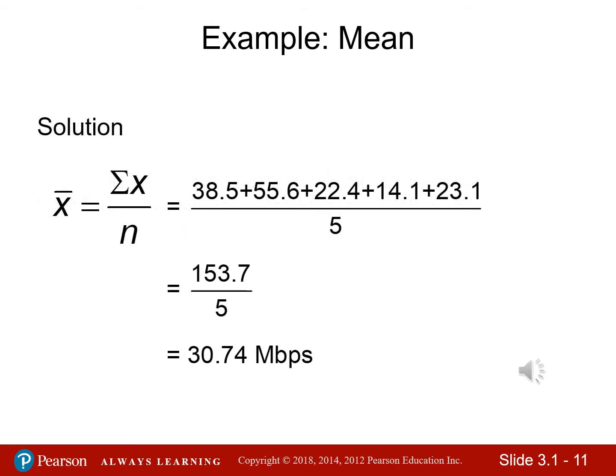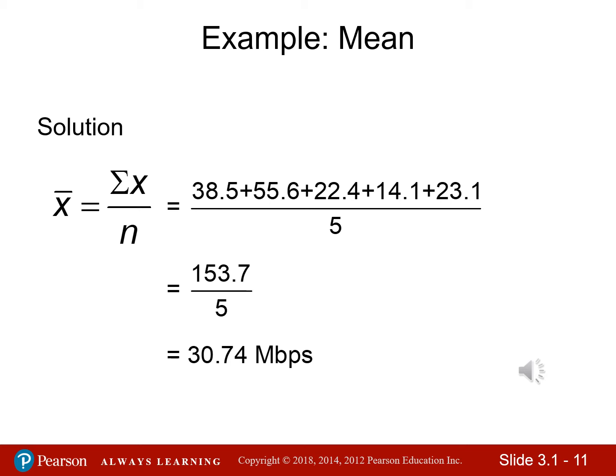So now to calculate our sample mean, let's simply plug in to our equation. So we have X bar equals the summation of all observations divided by the sample size. So we would have 38.5 plus 55.6 plus 22.4 plus 14.1 plus 23.1, all of that divided by 5.